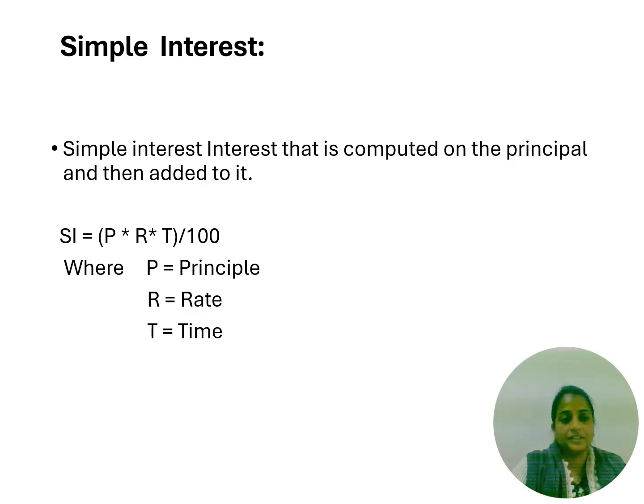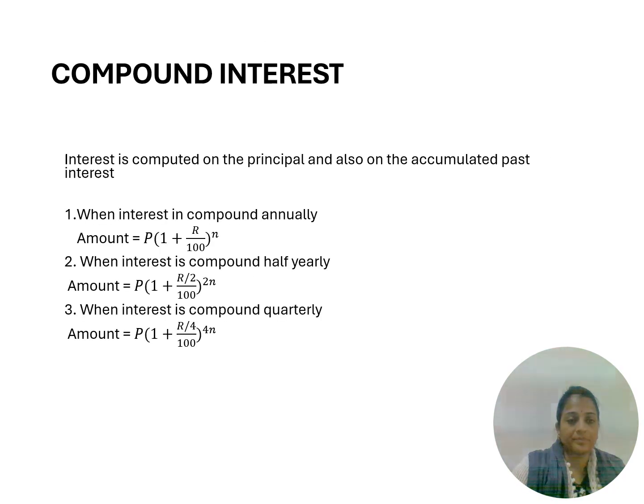Simple interest is computed on the principal and then added to it. The formula of simple interest is PRT upon 100, where P is equal to principal, R is equal to rate, T is equal to time.